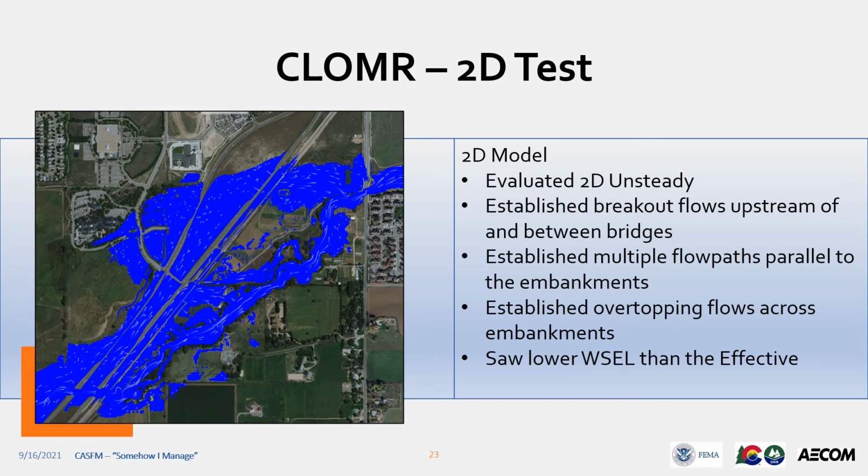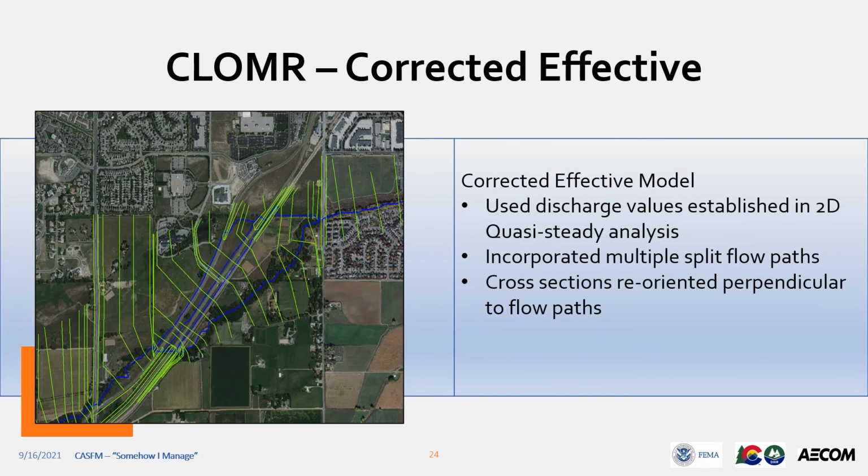Because of this, we didn't want to just go ahead and run with the lower water surface elevations and call it good. Instead, we also ran a 2D steady model to try and establish what these different discharges were through the split flow reaches. All of this helped us to create a corrected effective model, which was 1D steady.